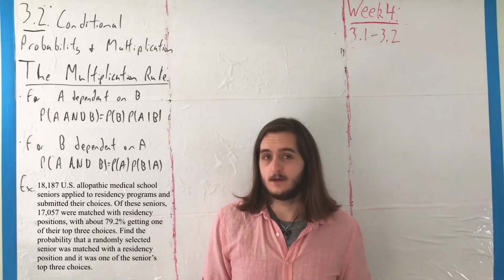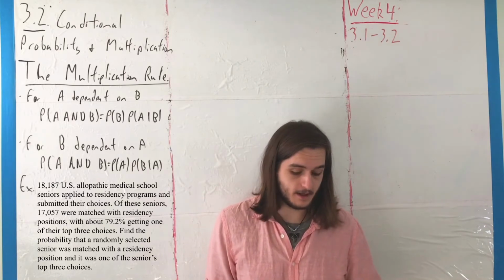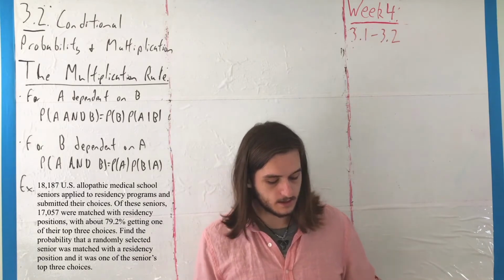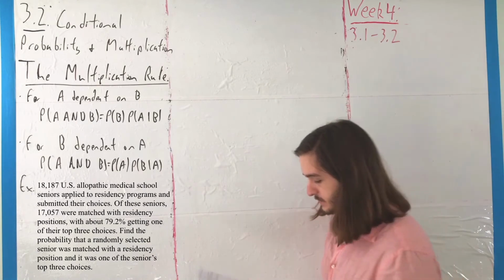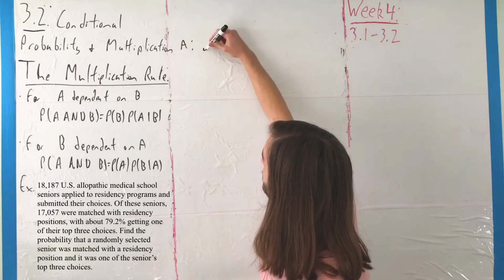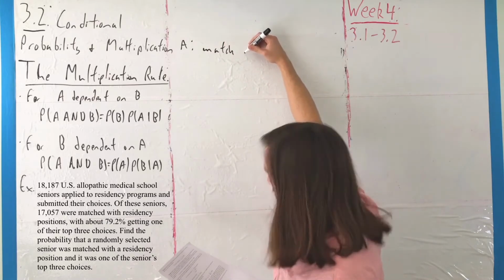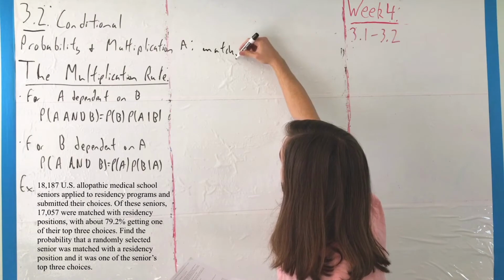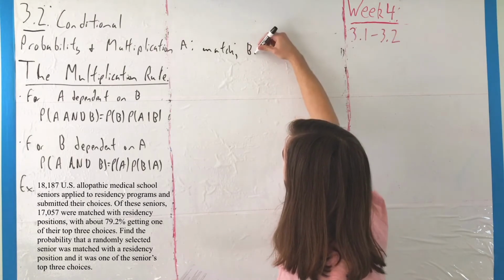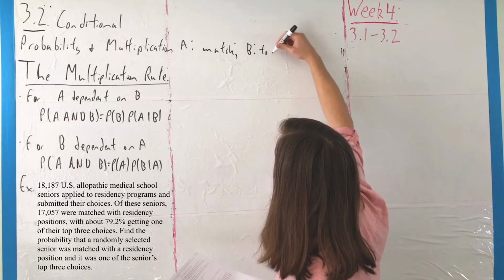Well, for this, it's a lot of words, but the truth is the math here is not that complicated. What we have to understand is first a bit of notation, where we're going to let A be the event of a match, and B is that the match was a top choice.